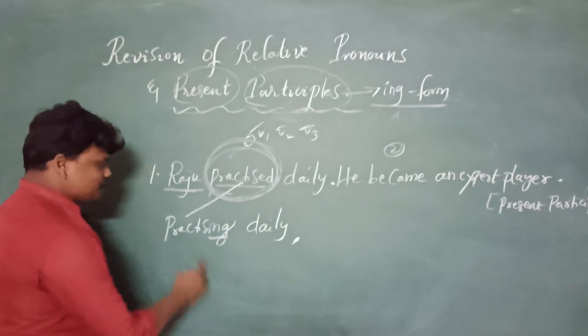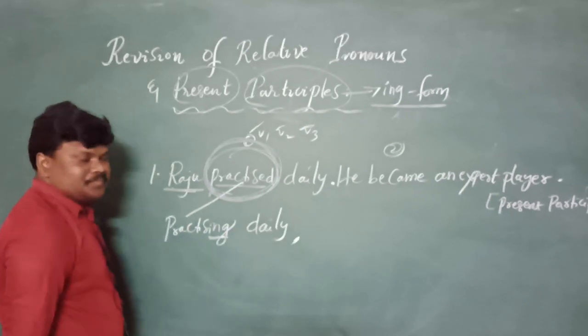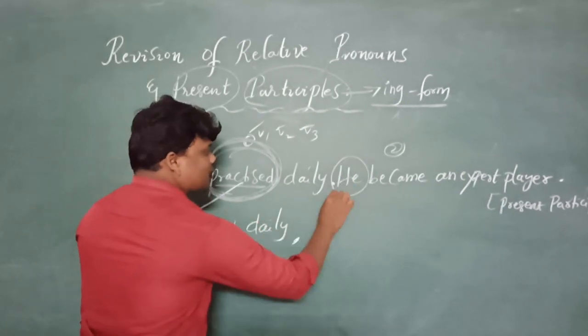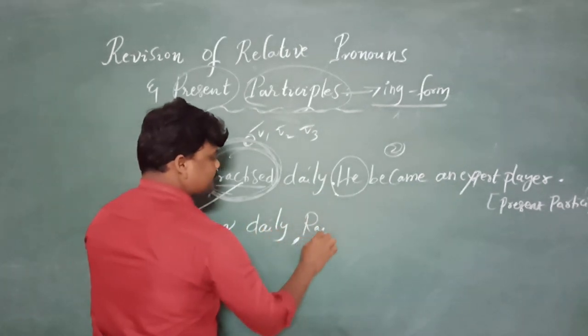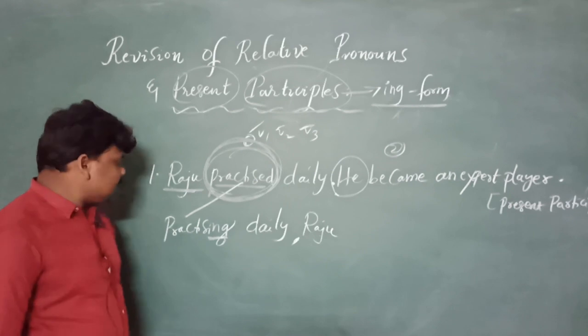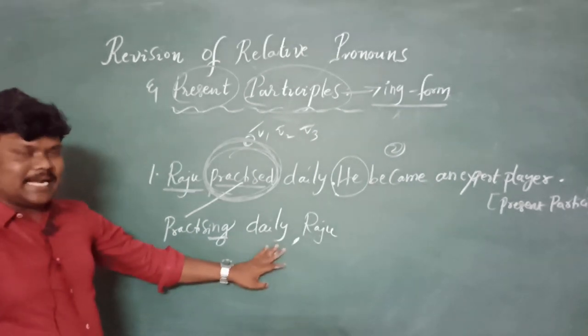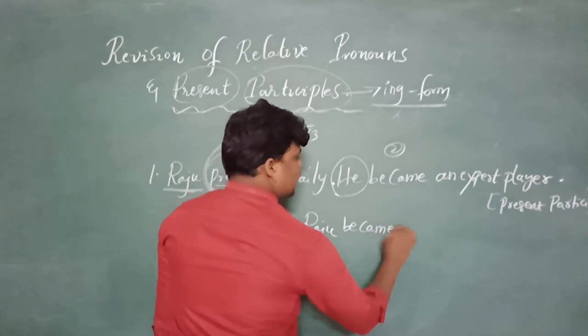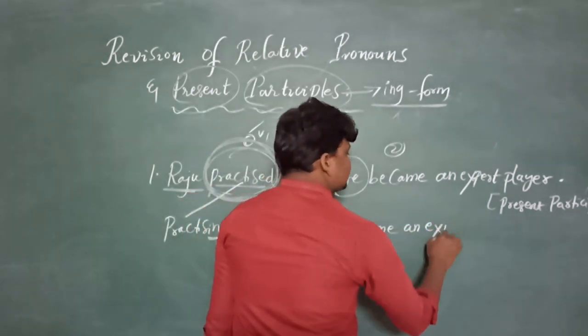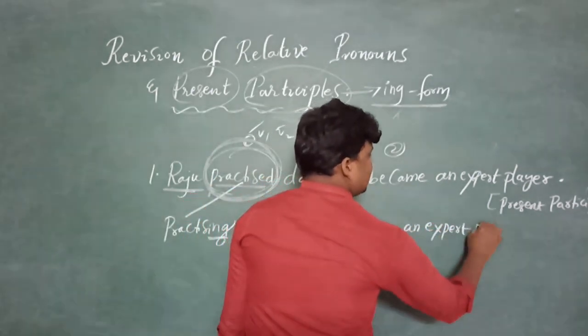Practicing daily, comma, replace this pronoun with the naming word, which is Raju. Practicing daily, comma, Raju became an expert player. Last full stop.